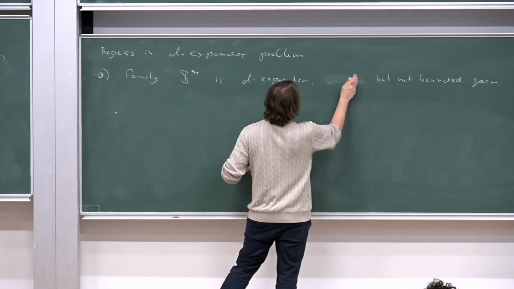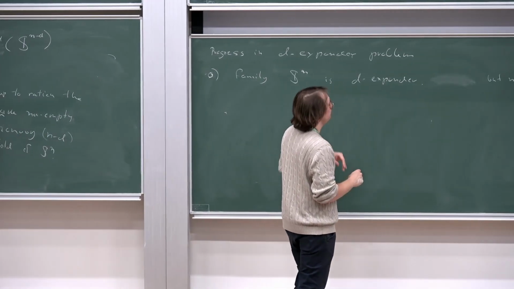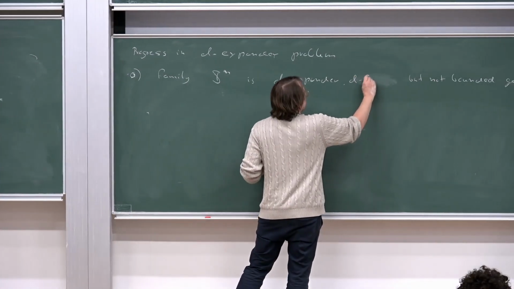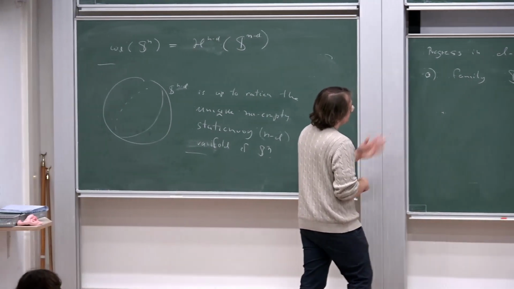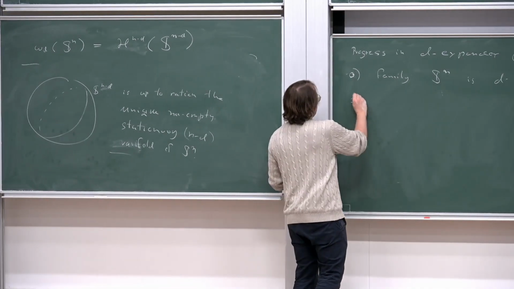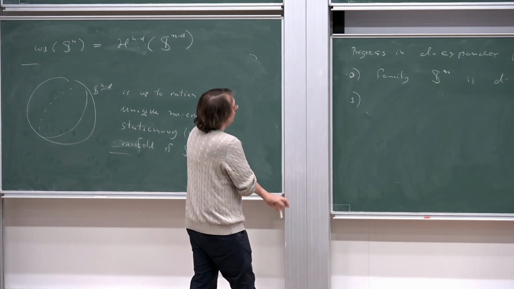There is no d less than n for any fixed d. Yeah, this is not what we were looking for. Historically, this was the first example.